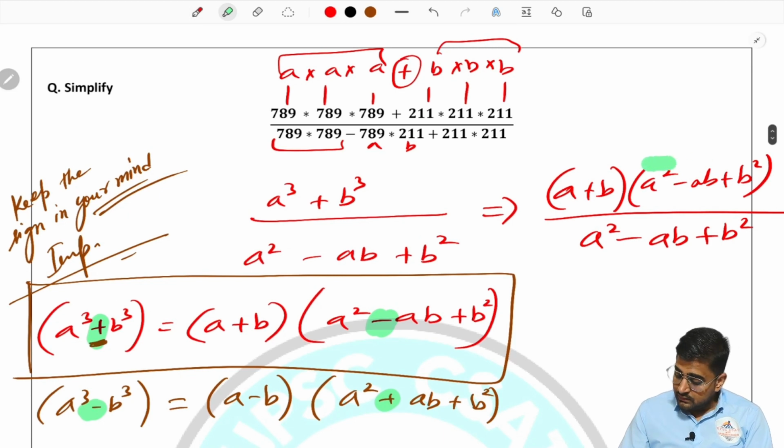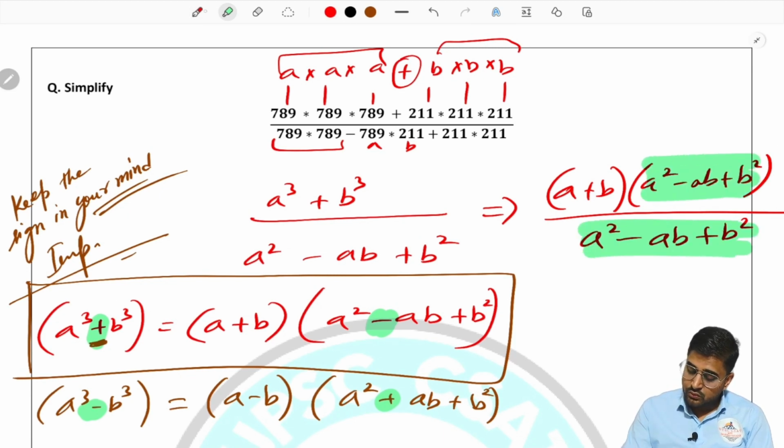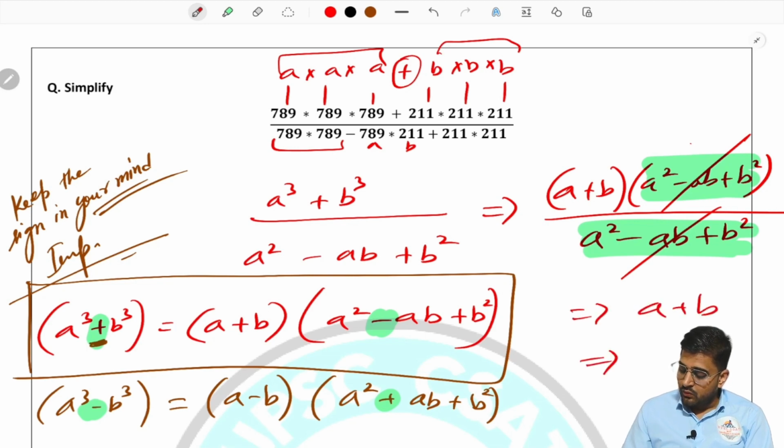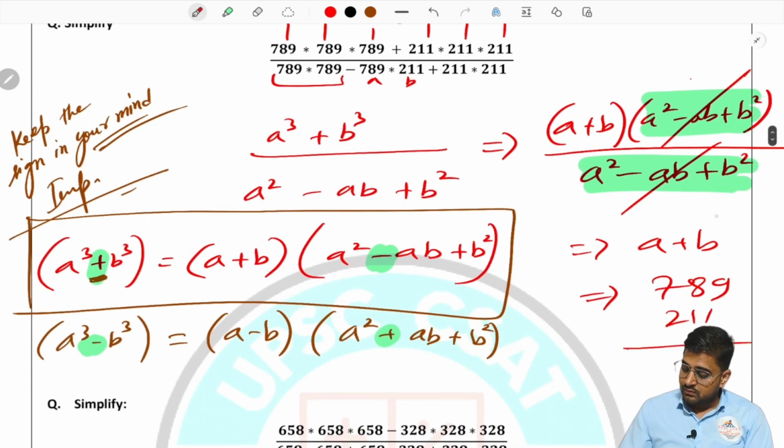You can see that this is equal to this, so both terms get cancelled. So what you have then is A plus B only. Now A stands for 789, and B stands for 211. The answer is this.